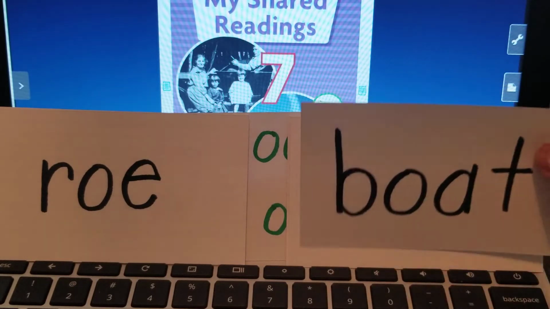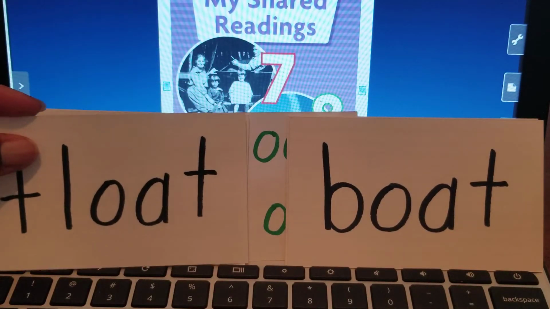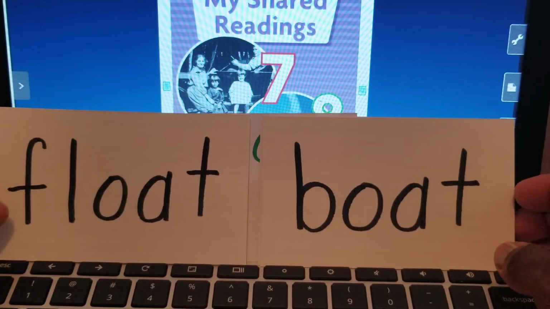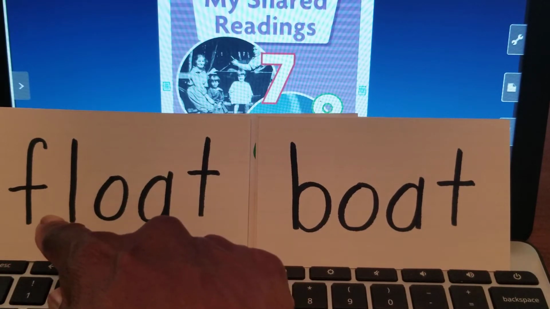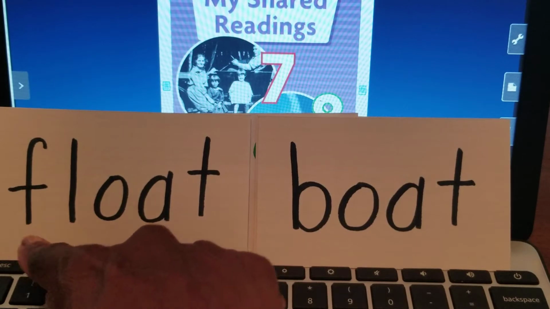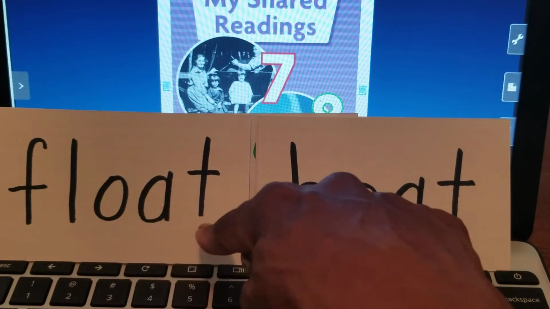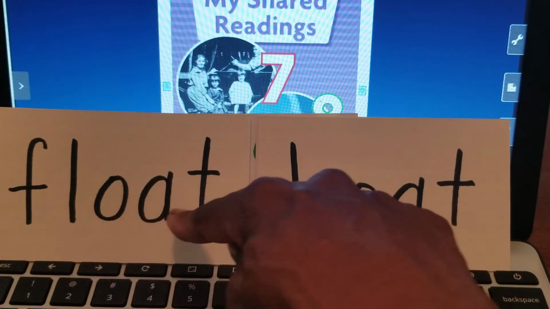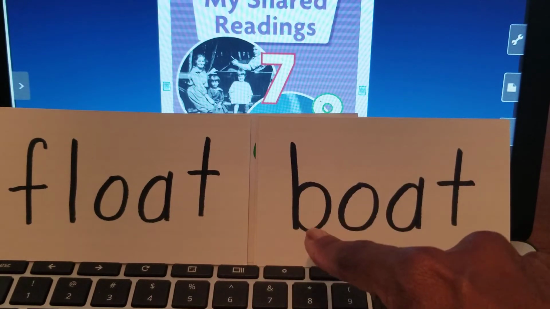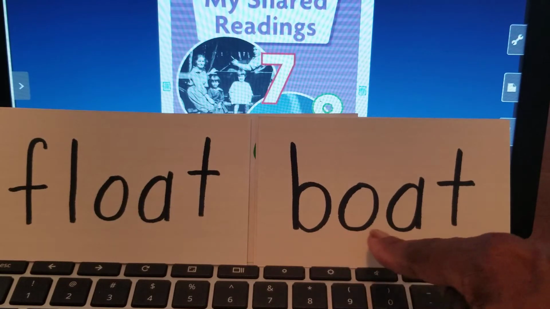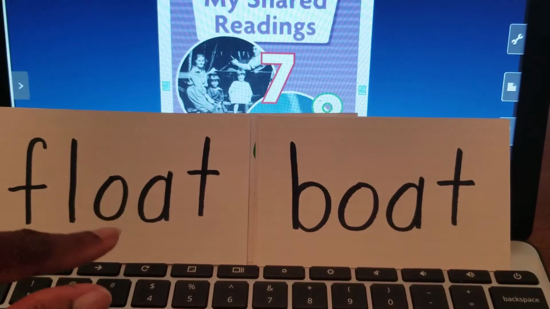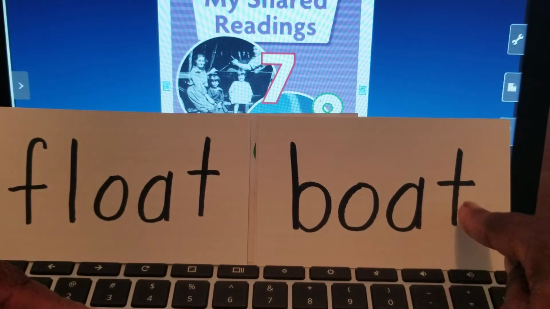Okay, OA. Different words than our spelling words. OA, again, FL from flower card, float, boat.